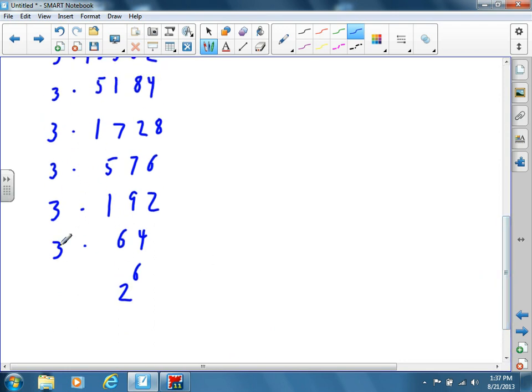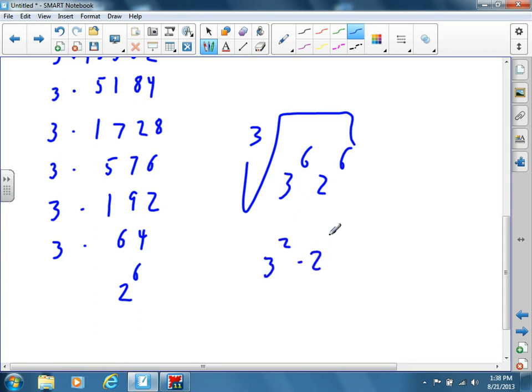So I got 1, 2, 3, 4, 5, 6. So this is 3 to the 6th times 2 to the 6th, and I want the third root of that. That would be 3 squared times 2 squared, which is 36, which is what everybody's calculator said it was. So if I'm on a desert island and I have that problem and I don't have my calculator, I can still do it.